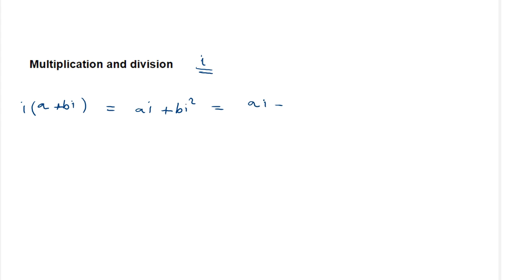For dividing by i, it's equivalent to multiplying by the reciprocal of i. As we know, in real number systems dividing by a number is the same as multiplying by the reciprocal of this number.